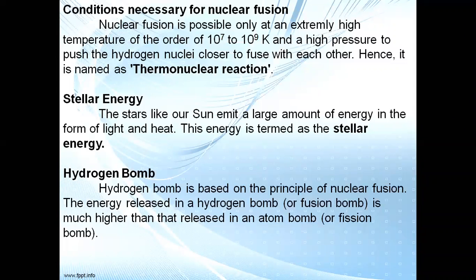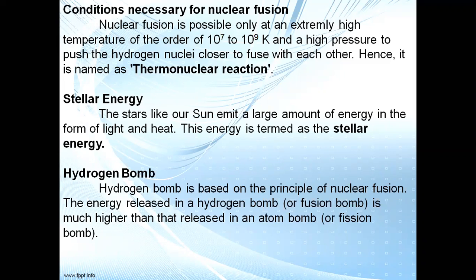Stellar energy: stars like our sun emit a large amount of energy in the form of light and heat. This energy is termed stellar energy. All of you know that the sun is emitting radiation. Like that, stars have a large amount of energy, called stellar energy.